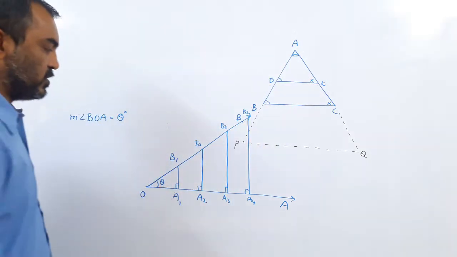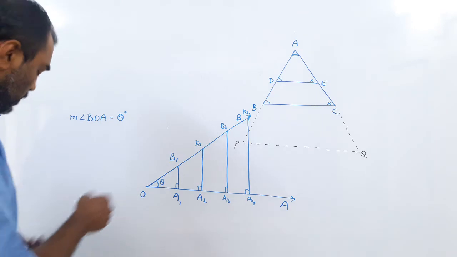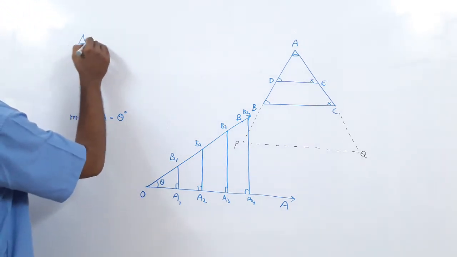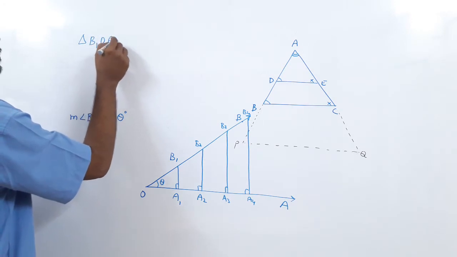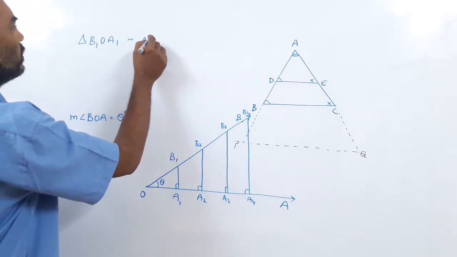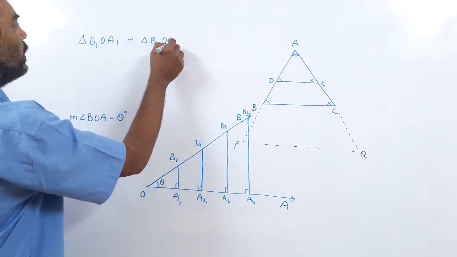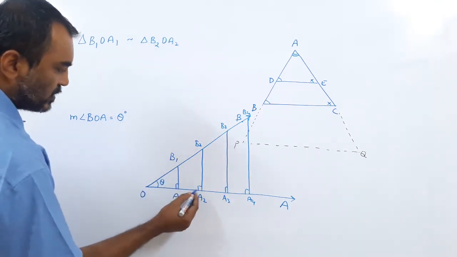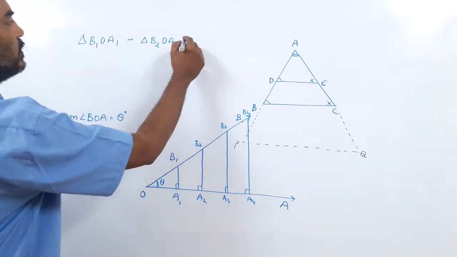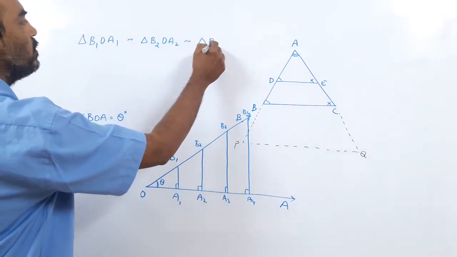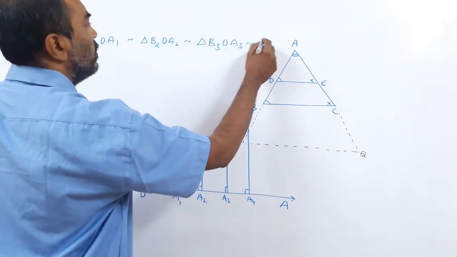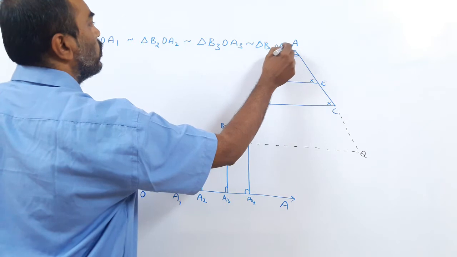So in triangle, let us write triangle B1OA1 is similar to triangle B2OA2. Why? Because this is 90-90 and this angle is same common. So by AA axiom, that is similar to triangle B3OA3, which is similar to triangle B4OA4.